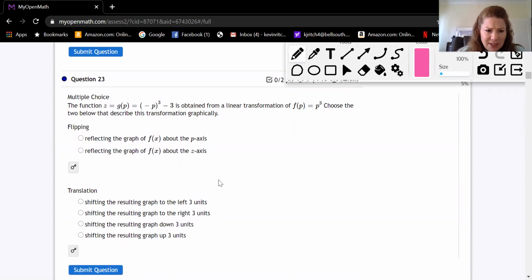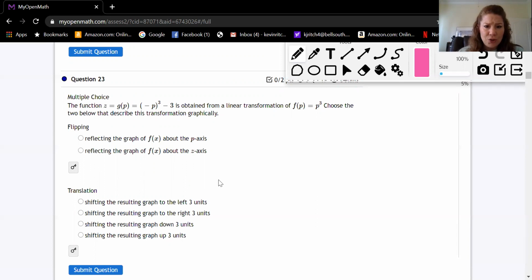All right, it says the function z equals g of p equals negative p cubed minus 3 is obtained from a linear transformation of f of p equals p cubed.